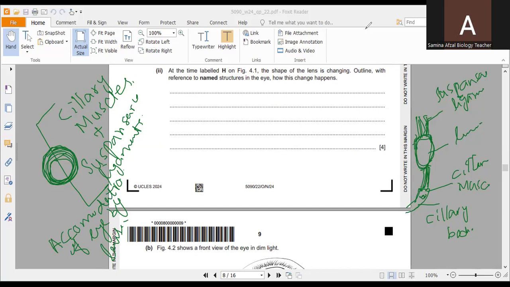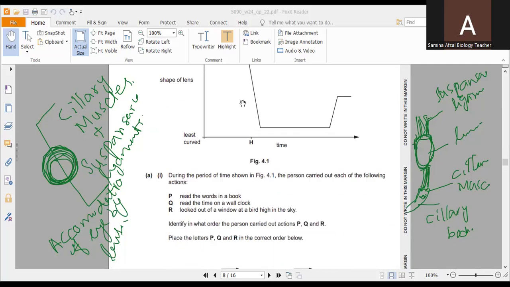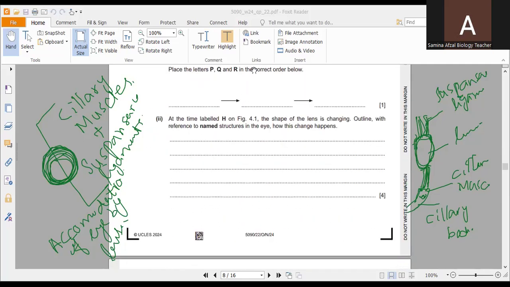So what happens at point H? You can see the point H in the picture again. At point H, you can see the curvature is becoming very least.